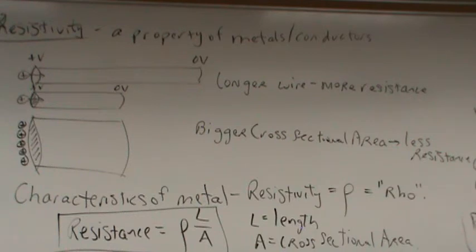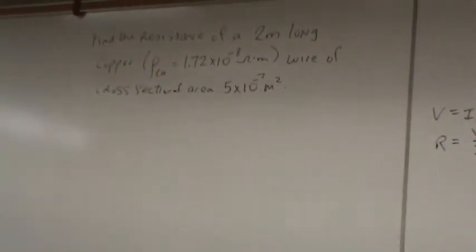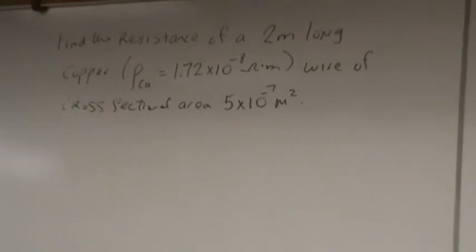It turns out that the resistivity of copper is equal to 1.72 times 10 to the negative 8th ohm meters. The wire has a cross-sectional area of, what cross-sectional area did I use on this one? 5 times 10 to the negative 7th square meters. Good luck. I just want you to mindlessly plug into that formula. Thank you very much.